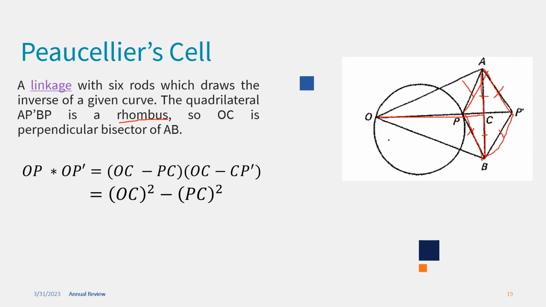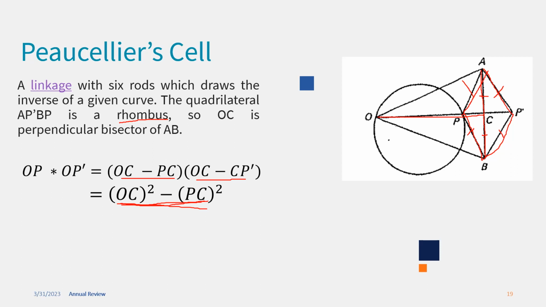Let's apply the geometry of inversion, discussed by Sir Abzar, upon simplifying. So we have this equation: OC squared minus PC squared, from this inverted point to this simplified point, which is probably the radius of a circle.